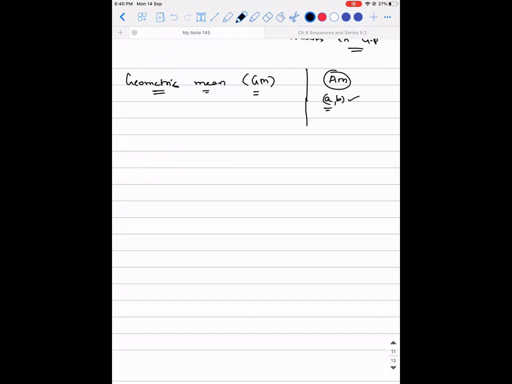We got the arithmetic mean because what was the definition telling us? The arithmetic mean of two numbers is such a number which is inserted between two numbers so that the whole sequence forms what progression? Arithmetic progression. In a similar context, what do you think the geometric mean will be?